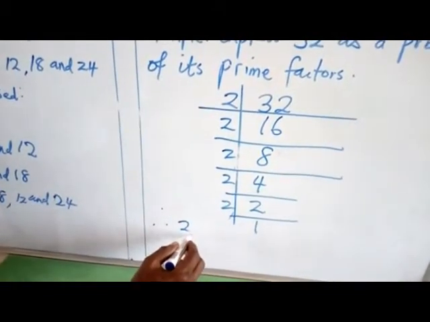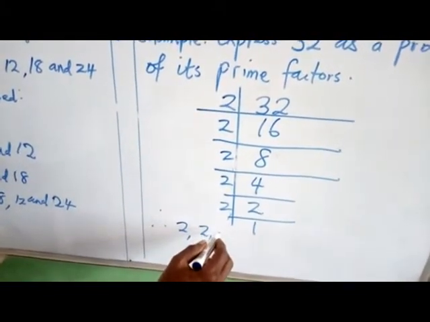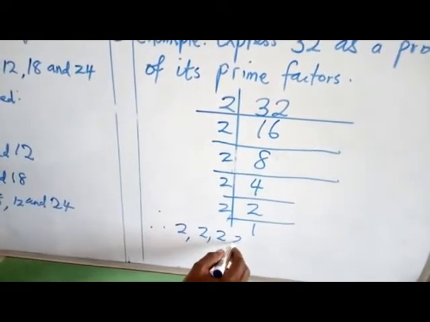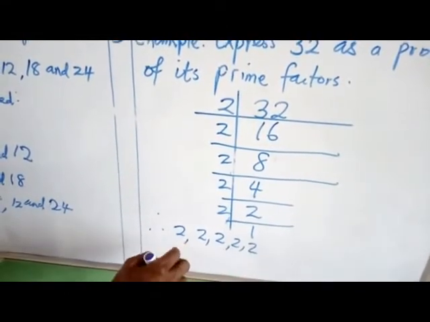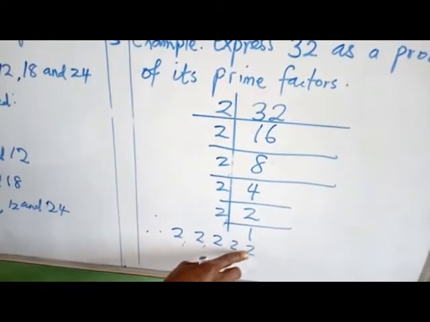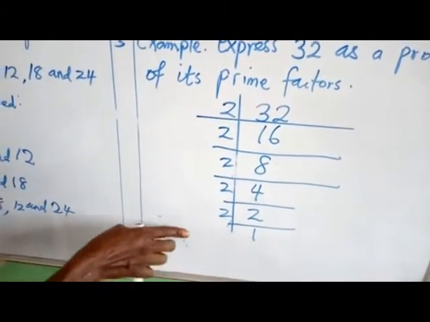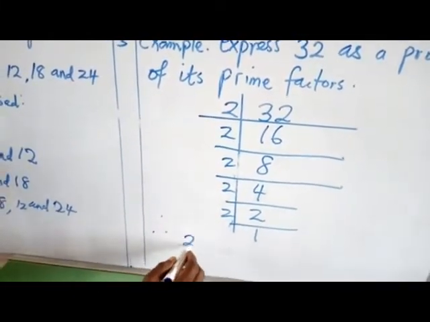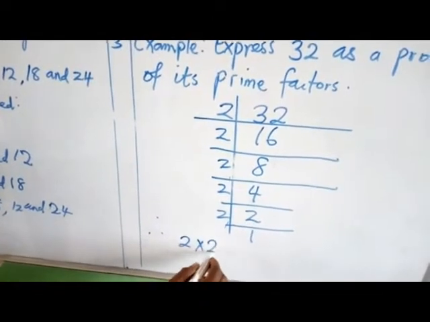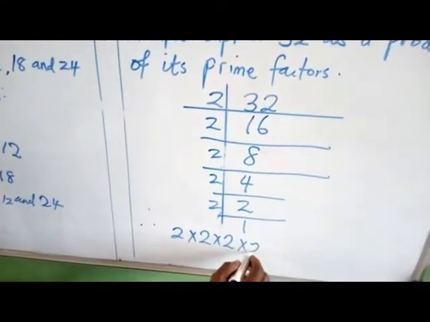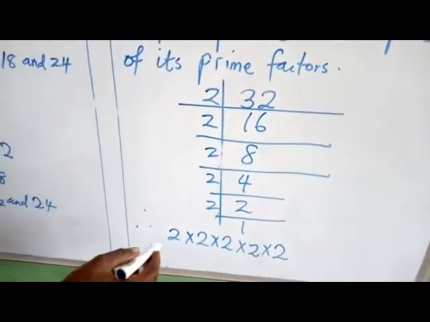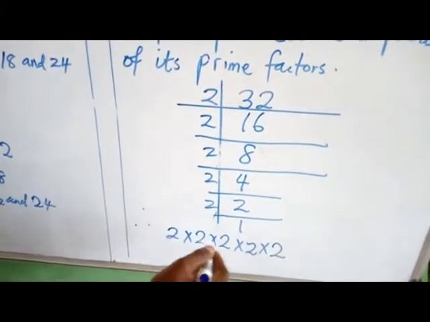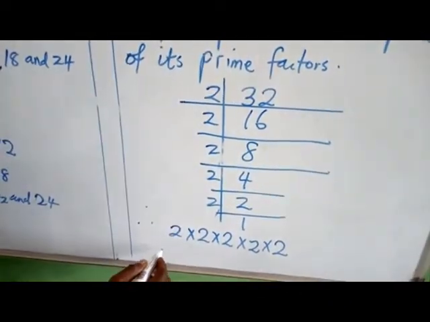You have 2, 2, 2, 2, 2. So if you multiply it, you're going to get 32, or you write it in index form.